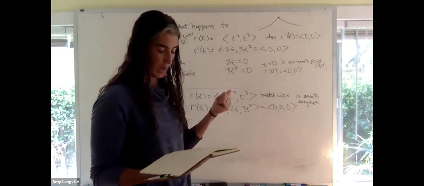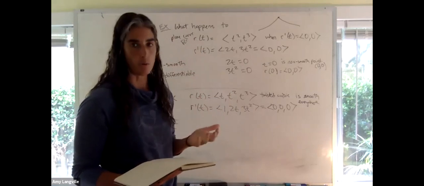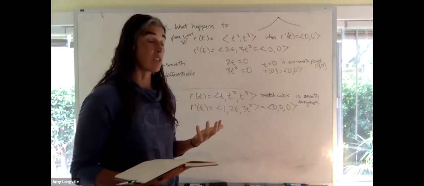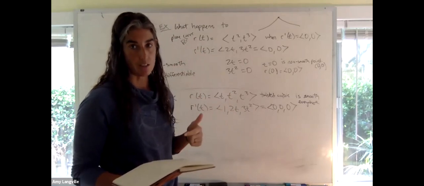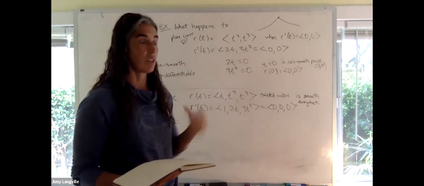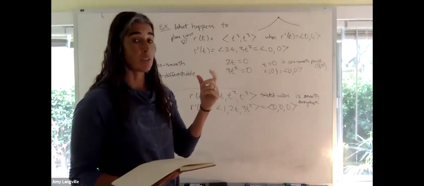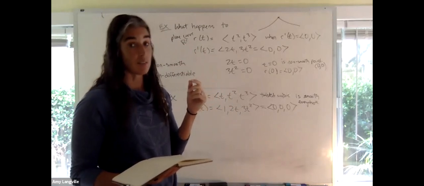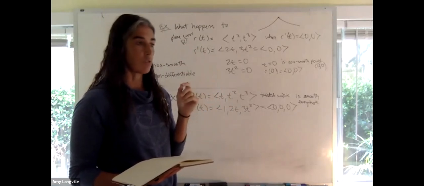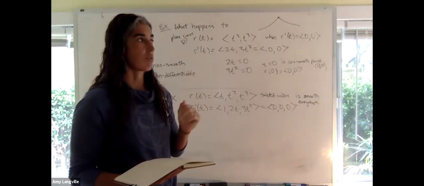So just to go over vocabulary, make sure you've got it in your head. How do you take derivatives component-wise? What's the derivation of the derivative? The secant vectors converge to the tangent vector. A secant vector connects 2 points on your space curve. As those 2 points get closer and closer to the point of tangency, those secant vectors converge to the tangent vector. That tangent vector gives you a direction of motion in the direction of travel along that space curve.